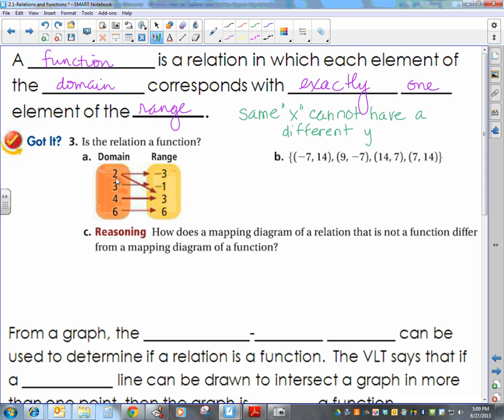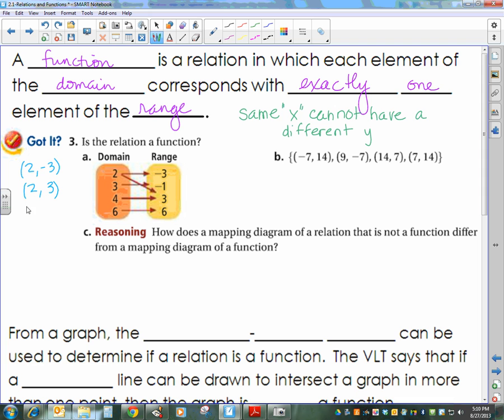So I look at this, and you can look at the arrows. Sometimes it's easier if you take the information and write the ordered pairs according to the arrows, or a table, however you prefer. This first arrow says I have the ordered pair (2, -3). The second arrow says I have (2, 3).